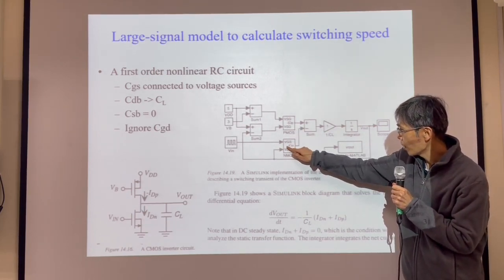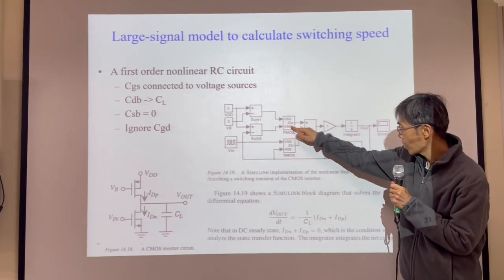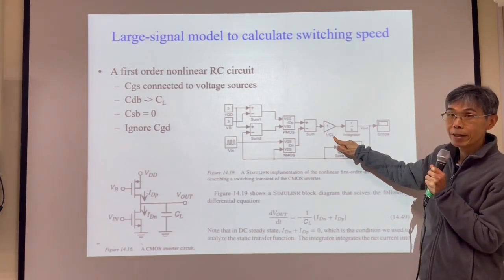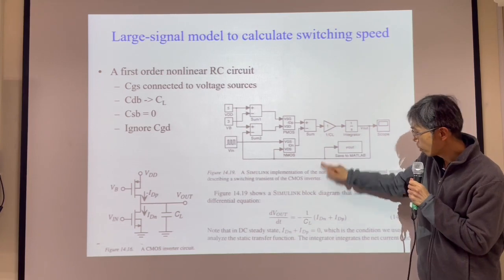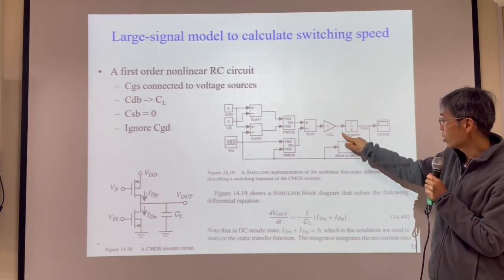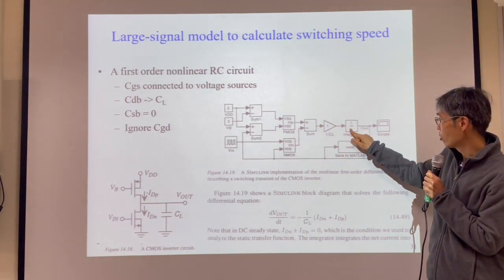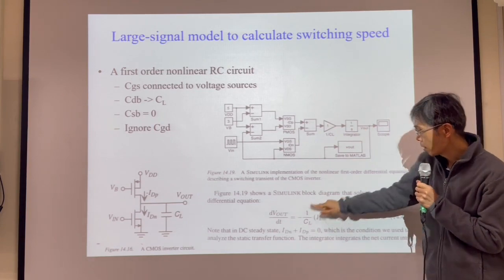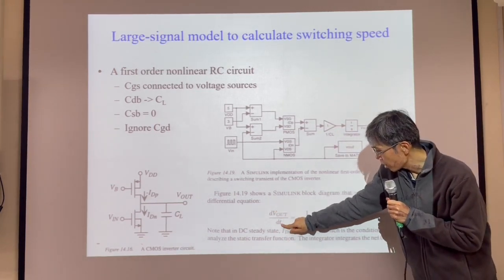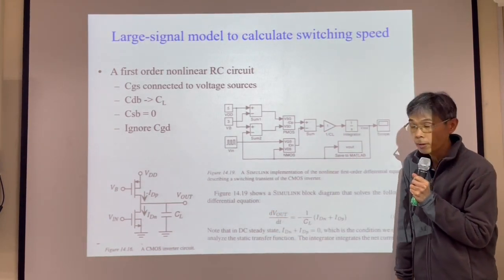Then this is the gain, 1 over CL, equal to an integrator. The integrator is 1 over S, so this is S Vout. So dV/dt equals V divided by S in the frequency domain.